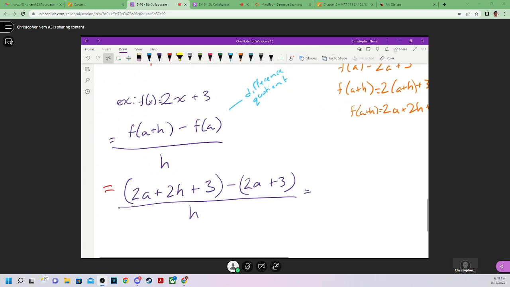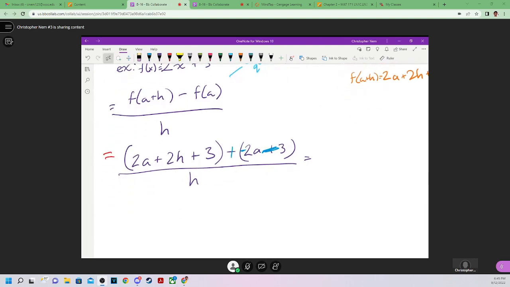To deal with the minus sign, turn this into plus, make these subtraction symbols. And then the 2a's cancel out nicely. The 3's cancel out. We're left with 2h over h. If we simplify it, we're left with 2. Okay, so that's nice. And it just turned into a single constant.